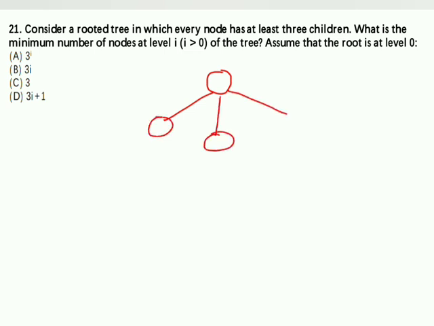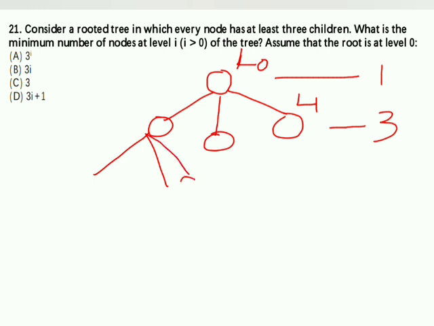At level 0 there is the root node, so 1 node is there. And at level 1 we have 3 nodes, right? Suppose every node has a minimum of 3 children here.